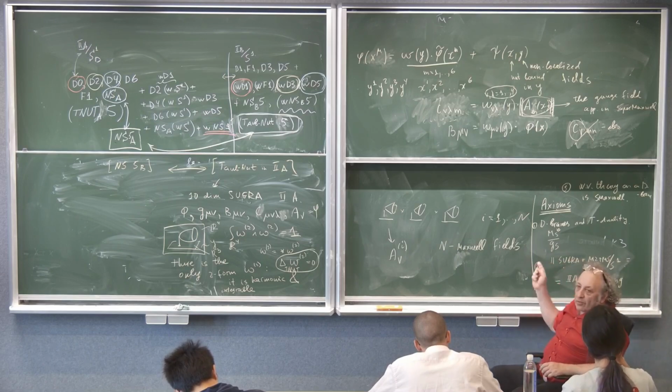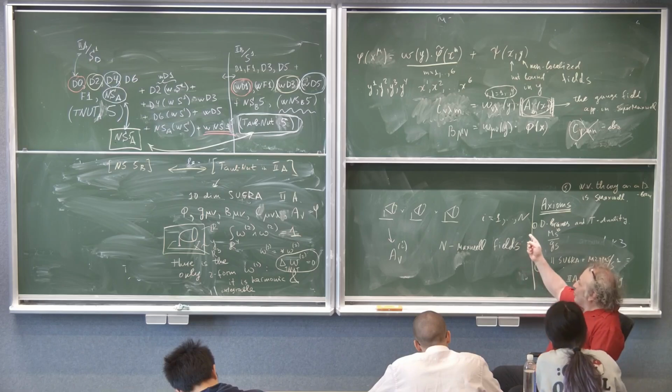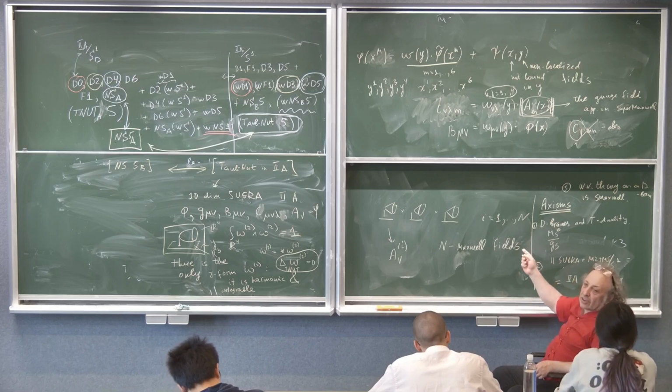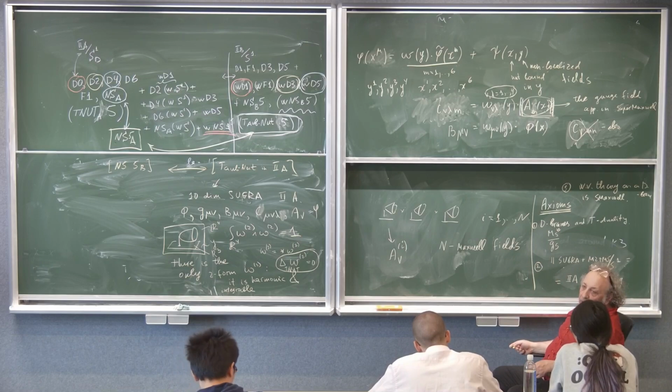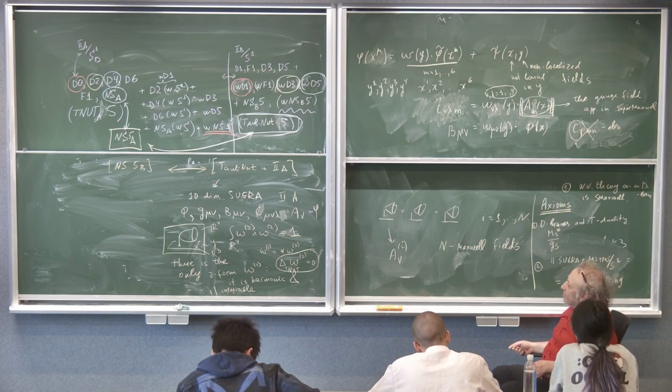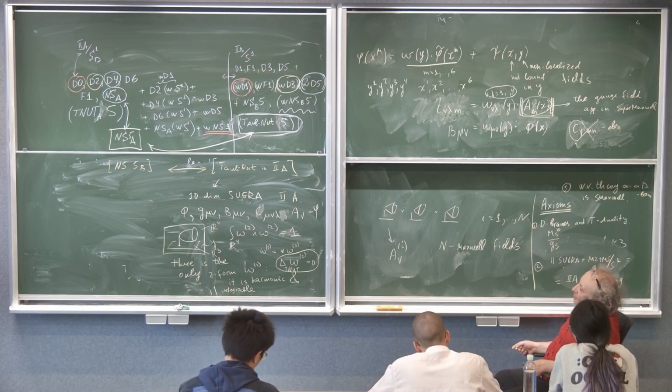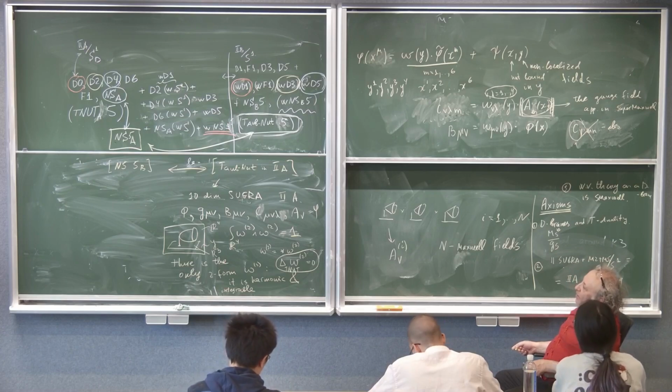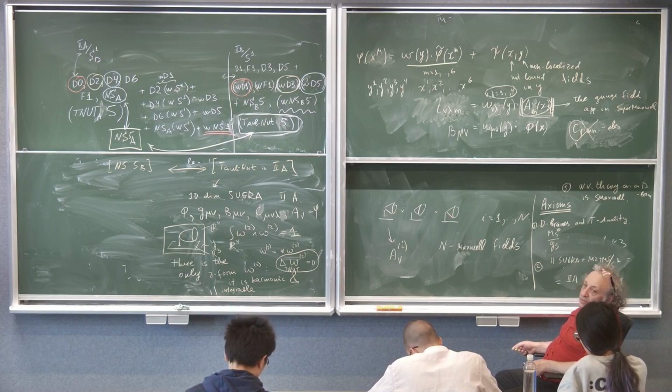And from this, you see, I just made a check. I made a check that really, if you compactify type 2A on tau naught, you are getting the theory on tau naught.